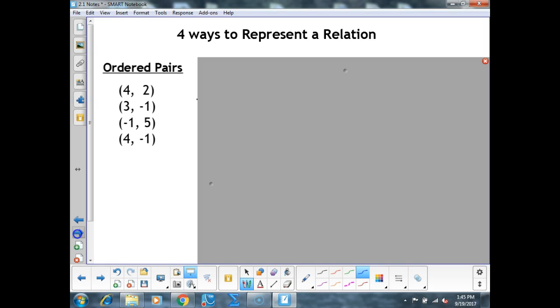Simple, straightforward. Or, if you don't write it as an ordered pair, you could also write it as a function.